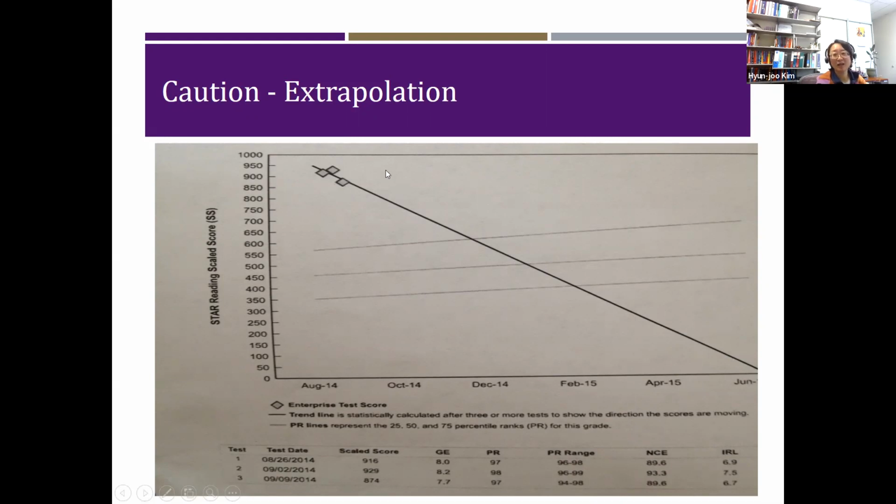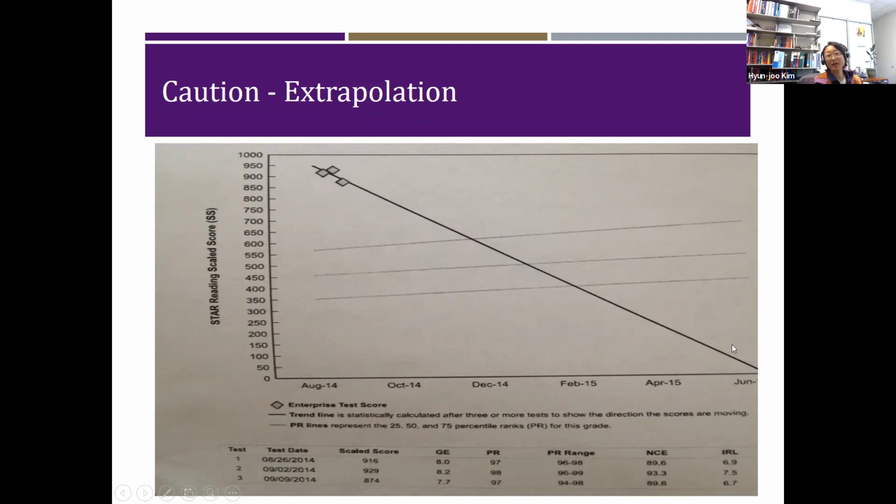There are a couple of things going on here. First, the data set is based on only three data points from the beginning of the year. The line goes down because the third exam was slightly lower than the others. So it's a really small data set, but more than that, they extrapolated the model way outside of its range.